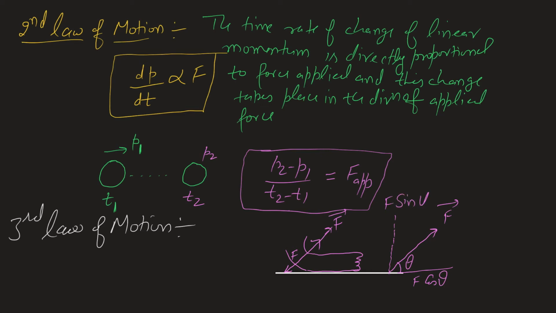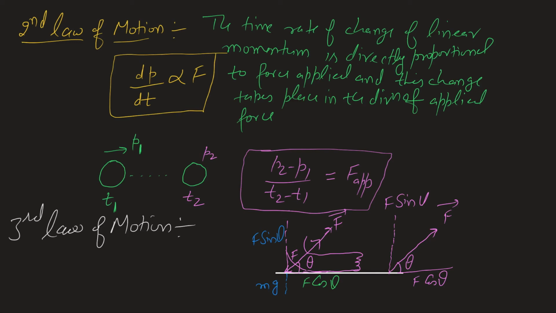So if I make it over here, this is theta, this component is F cos theta, this component is F sin theta, and this component is nothing but equal to the weight mg of the body acting downward.